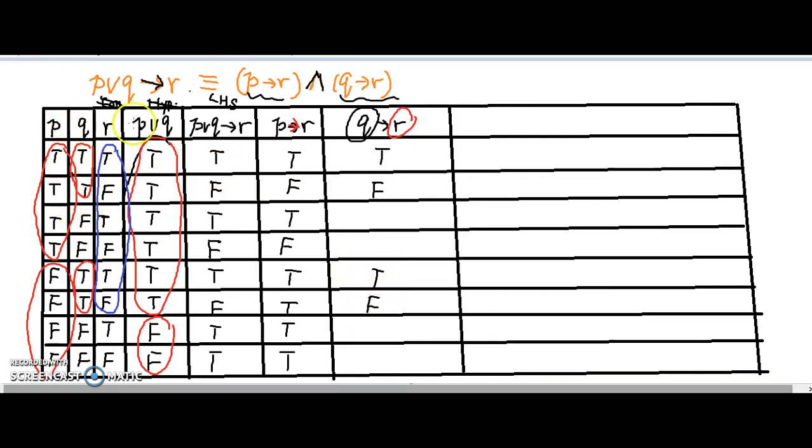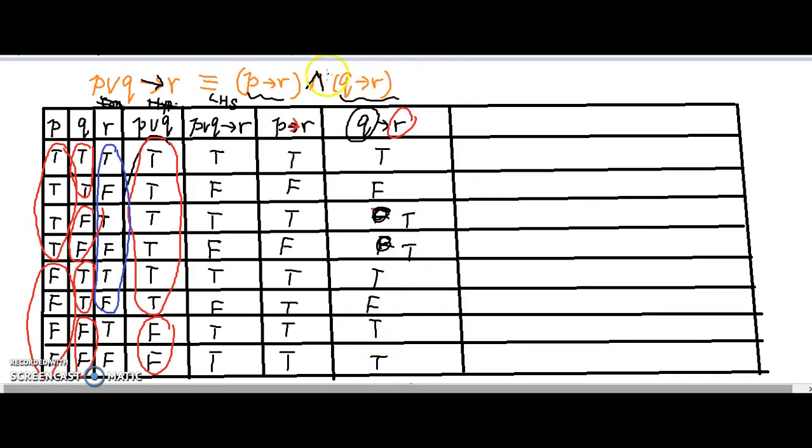For the rest of them, because the hypotheses are false, we're just going to put true for all of the others. True, true, true, true.